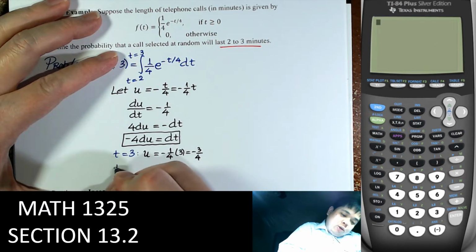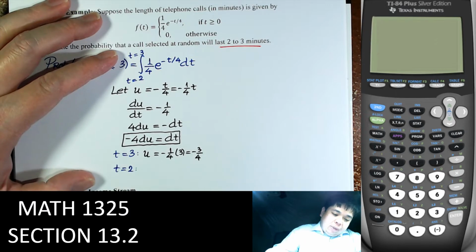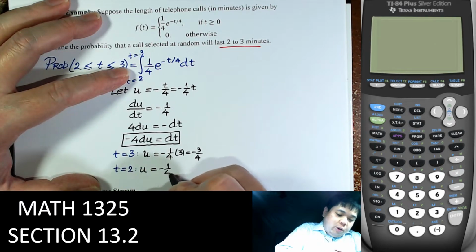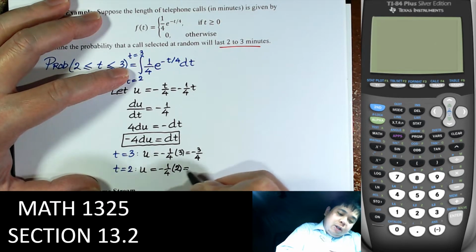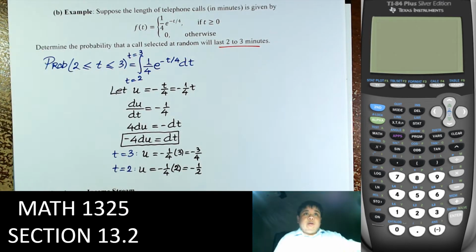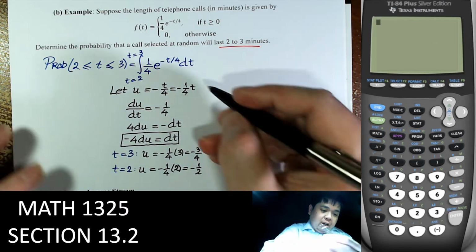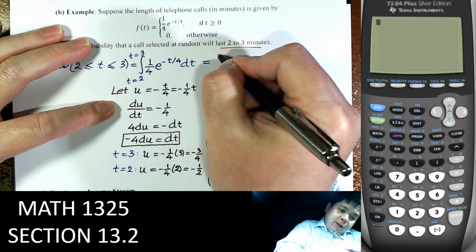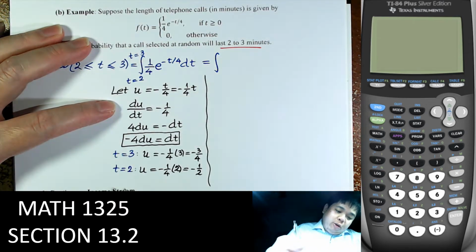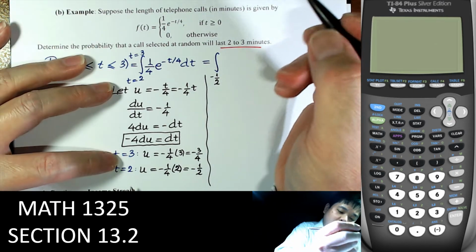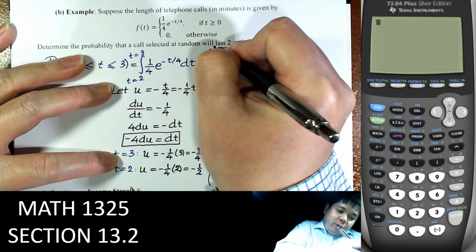And when t equals 2, u equals negative 1/4 times 2, so negative 1/2. 2 over 4 reduced by 2 is negative 1/2. Right, so we have everything for the substitution. Now the limits will go from negative 1/2 to negative 3/4.